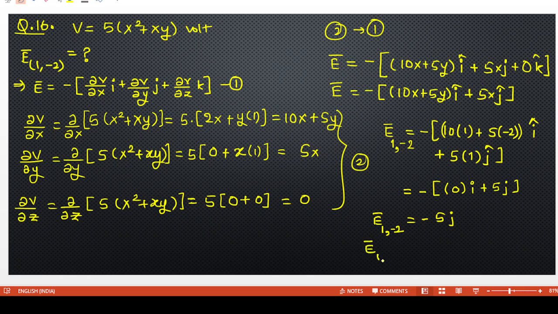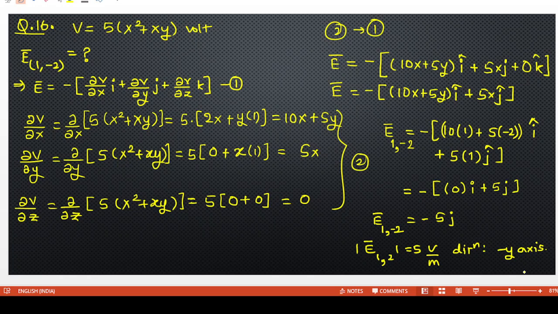At that particular point, magnitude is 5 volt per meter and direction is negative y-axis, along negative y-axis.